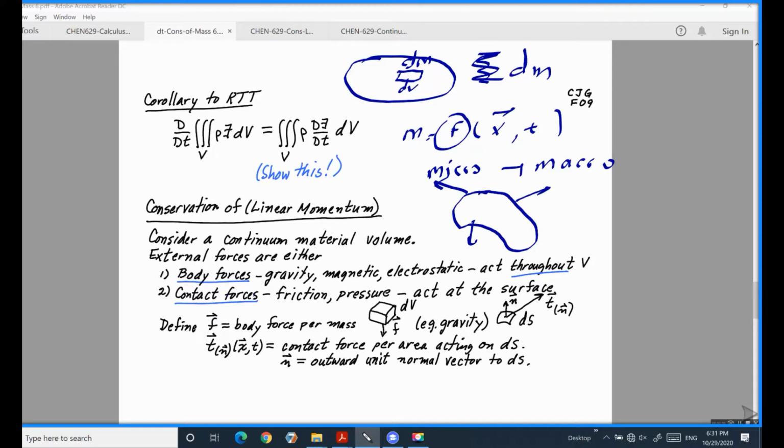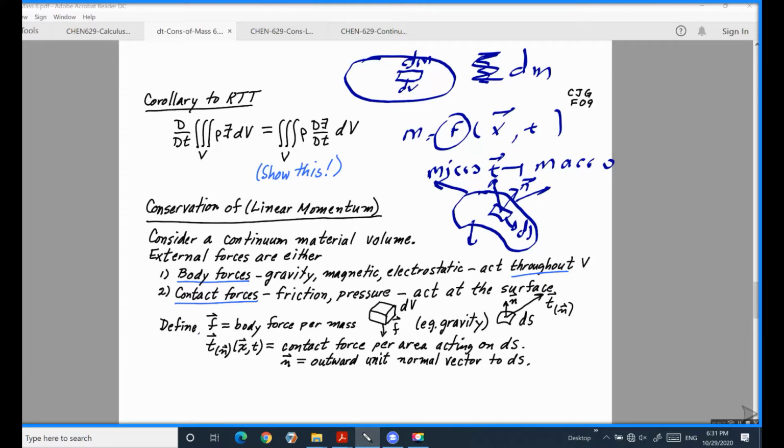The second type is the friction and the pressure acting on the surface. Let's say you have some control surface inside of your control volume. We call this the control surface. So you have some normal vector like this, and you have some vector t acting on your control surface because of the friction and the pressure.